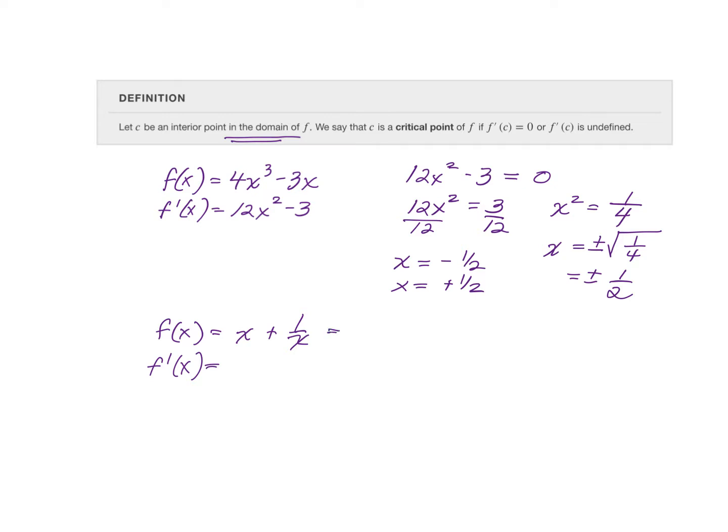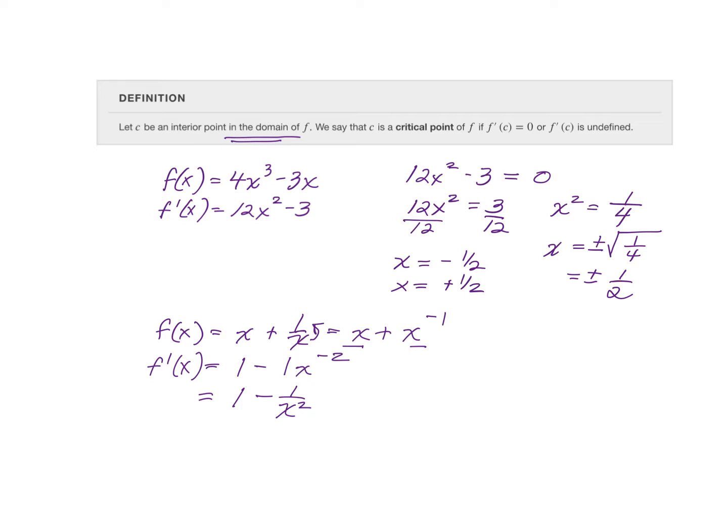I'm going to write this original function as x plus x to the negative 1. We brought this up to the top and wrote it as x to the negative 1. Now I'm going to take the derivative. The derivative of x is just 1, and the derivative of the second term is minus 1 times x to the negative 2. Simplifying, we get 1 minus 1 over x squared.